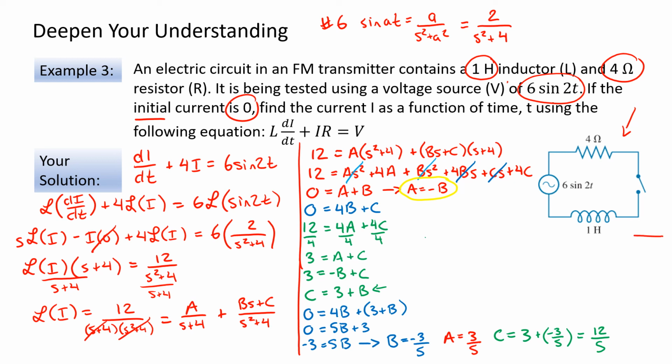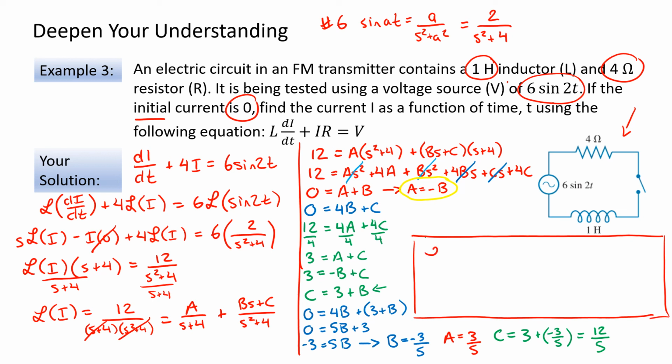I'm going to write it out here, and then we're going to go to the next slide, and I'm going to use what we have left. So we have the Laplace transform of I is equal to A, which is 3 over 5 times 1 over s plus 4. Then I can't separate this one out as easily yet, so I'm just going to write it exactly as it is.